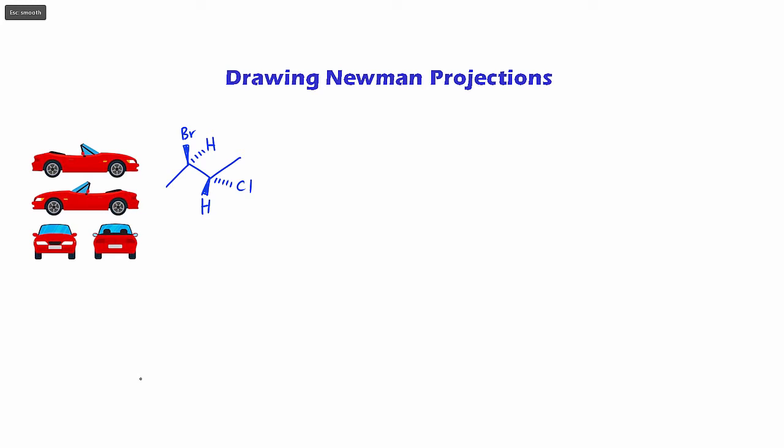So the best analogy I can use is if you're standing in the street and you see the car coming at you, this is the way your Newman projection is drawn. If you see the car from behind in the tail lights, your Newman projection is drawn like that. Okay.